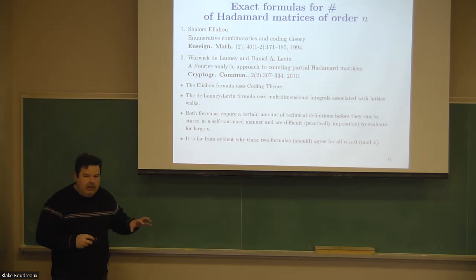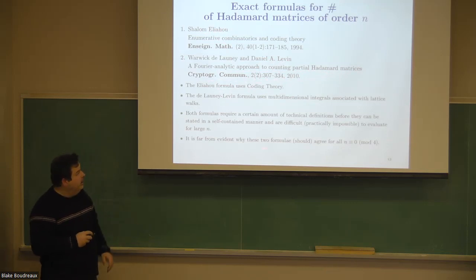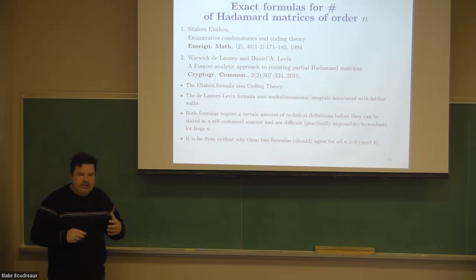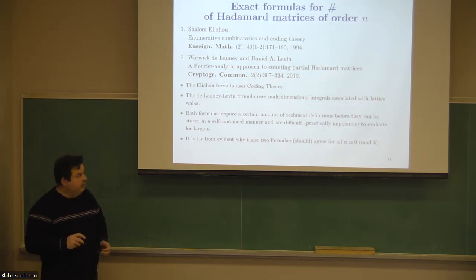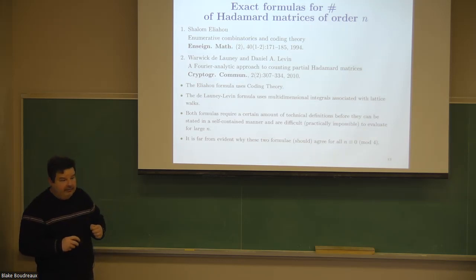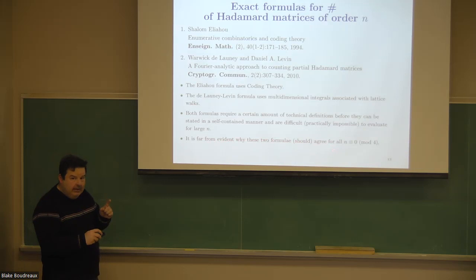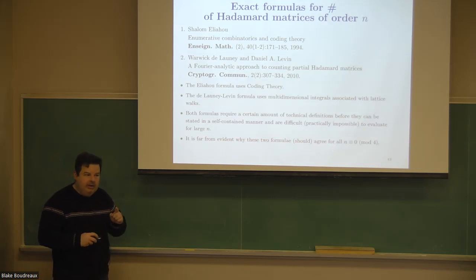The Eliahou formula uses coding theory. The de Launey-Levin formula uses multidimensional integrals and residues with lattice walks. And both formulas contain a certain amount of technicalities that you have to absorb. A question I always had and still have is why, and to me it's far from evident, these formulas must agree for every n which is a multiple of 4.